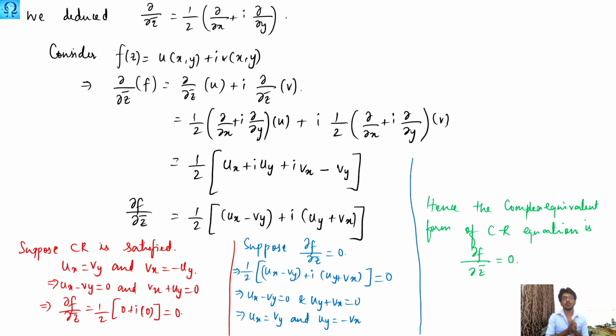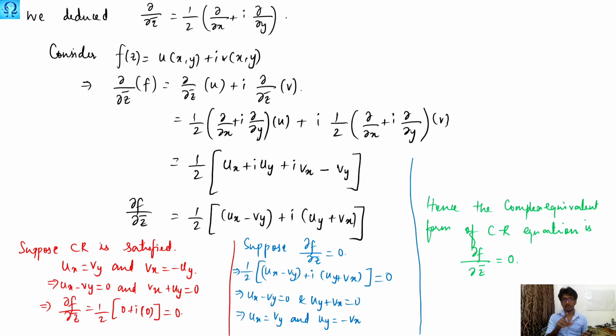There you don't have to expand it using the notation that z is x plus iota times y and do the binomial expansion, then look for partial derivatives with respect to x and y and look for the CR equations. If you are given it in that simplest form, just go for the equivalent form. Identify del f upon del z bar. If that quantity is equal to 0, then you are done. It satisfies the CR equation.